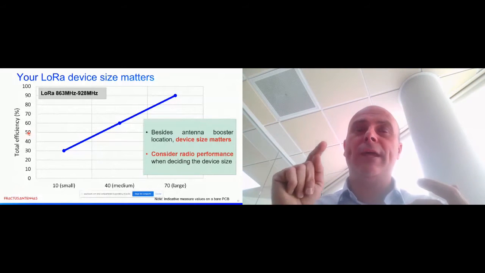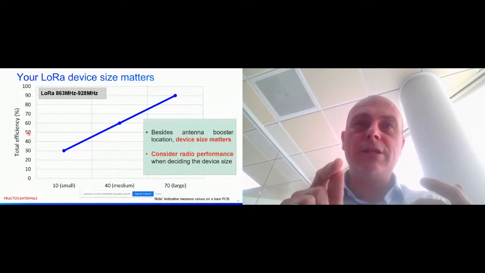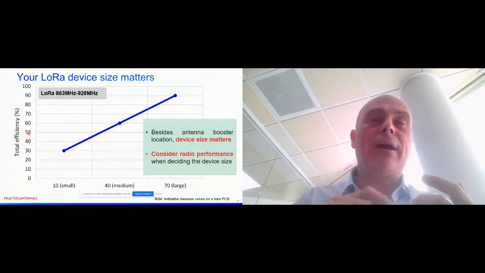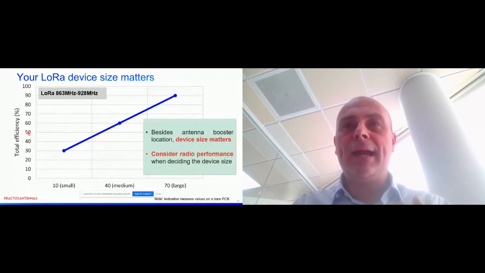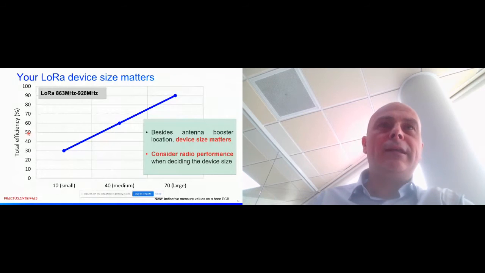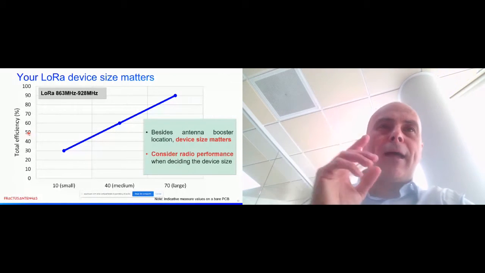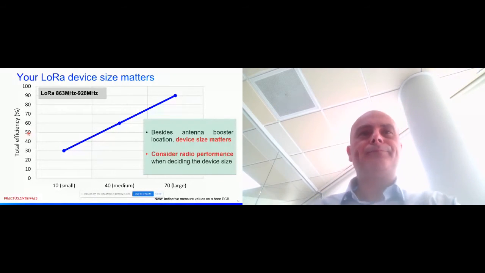If you need to take a decision, you should do it, remember, at the very beginning, as in a chess game. So consider this as a rule of thumb at the very beginning of your project.